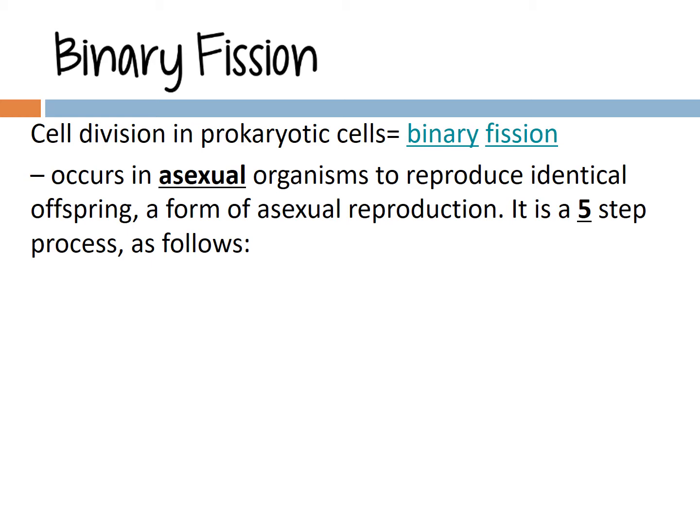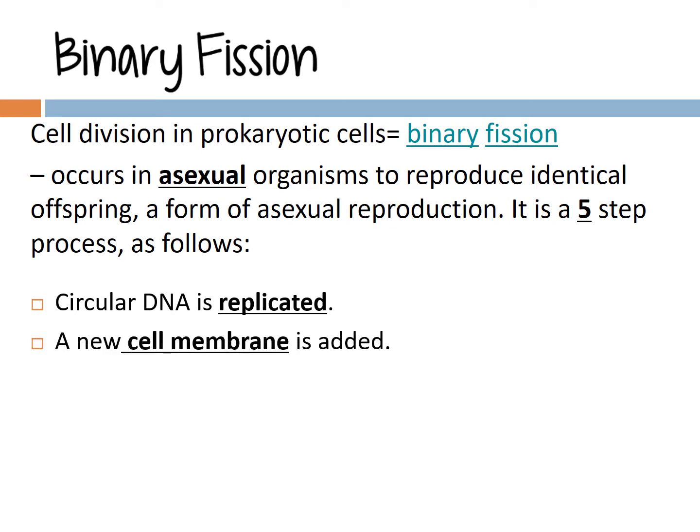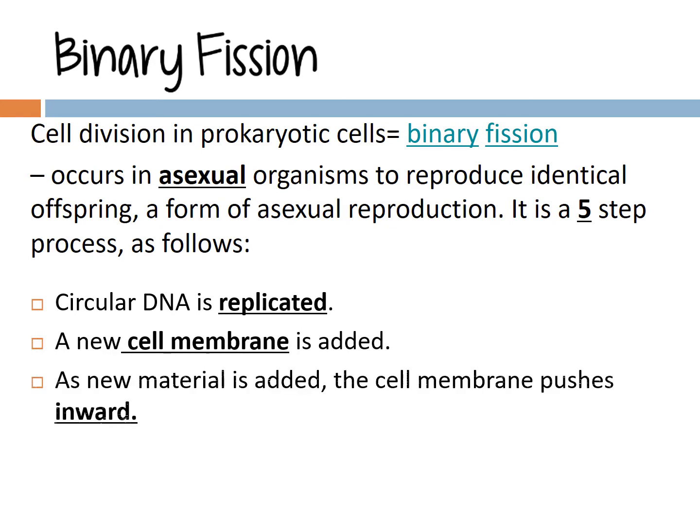In prokaryotic cells, they don't go through mitosis and meiosis, they go through binary fission, which is an asexual way to reproduce. So it occurs in asexual organisms to reproduce identical offspring, and it is a 5-step process. First the circular DNA is replicated, a new cell membrane is added.